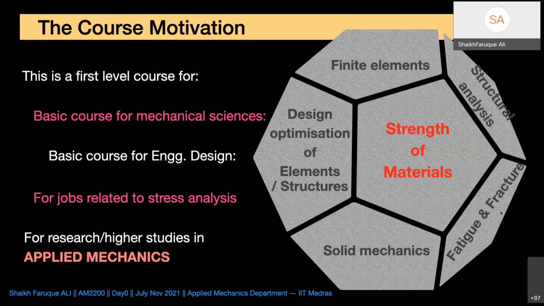You have learned mechanics in your physics courses, probably in class 10, 12, right? So mechanics is a very strong part of understanding how nature behaves. That can also be understood using mechanics. We will give a lot of examples as we go on. And nowadays people use a lot of mechanics in biology, right?